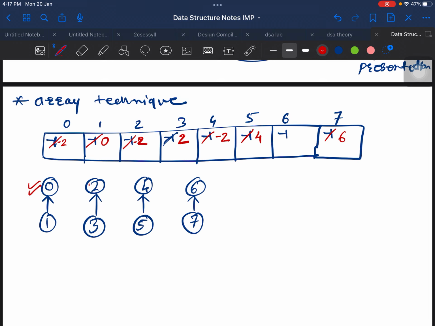Who is the parent of 6? Up till now, no one is the parent of 6. So I will write minus here because minus represents a root node. But instead of writing minus 1, I will write minus 2, because minus 2 represents the two nodes in that set.